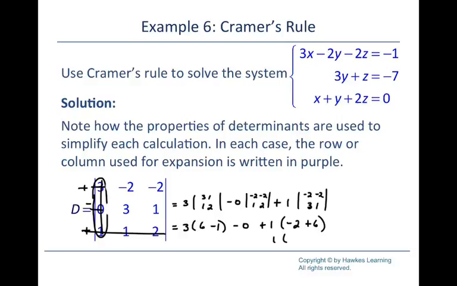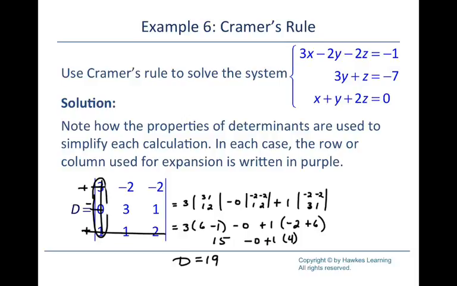So this is 1 times 4. Our 0, and then 6 minus 1 is 5, so that'll be 15. So 15 plus 4 is 19. So the value of D is 19.